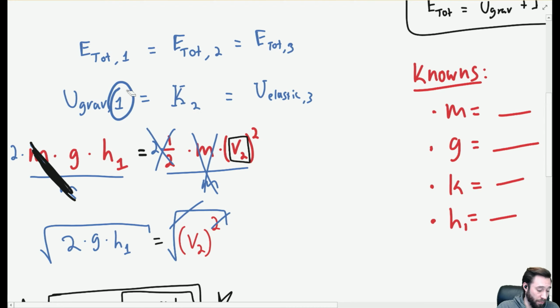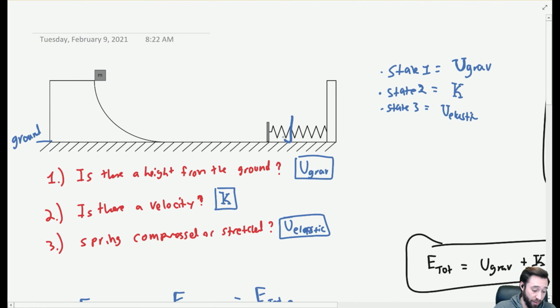So it's actually good that you brought that up, because when I do this in a more professional way, like when I make the actual video, I'm going to make state 1 be down here. So the box is getting ready to be released. So this would be state 1. State 2 would be traveling right here, right before it goes up the ramp. And then state 3 would be when it reaches the top. Does that make sense?